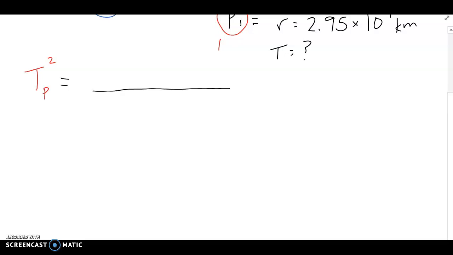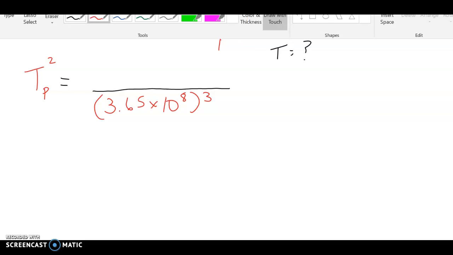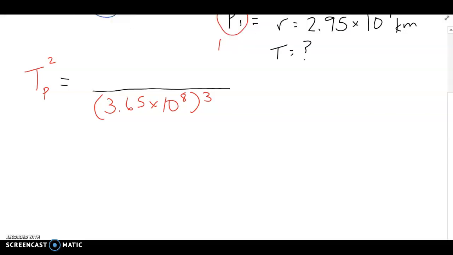And then its radius was going to go on the bottom, 3.65 times 10 to the 8th, and that's cubed.